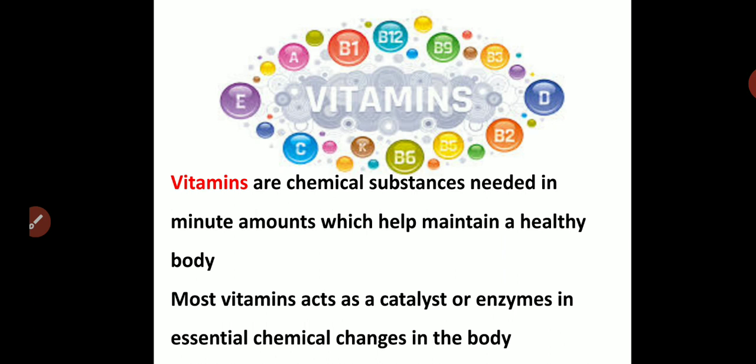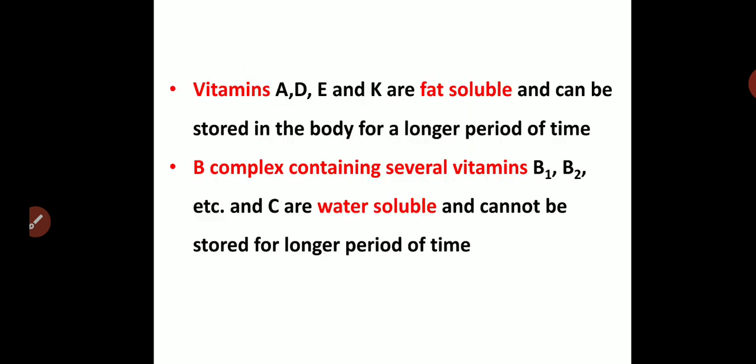Now let us see what role the vitamins play, and most important, how they are absorbed in our body. Based on that, they are grouped into two categories: water soluble vitamins and fat soluble vitamins.